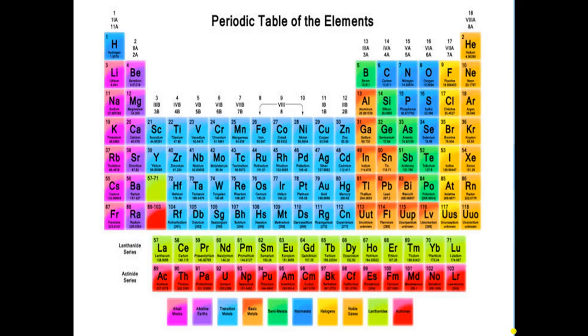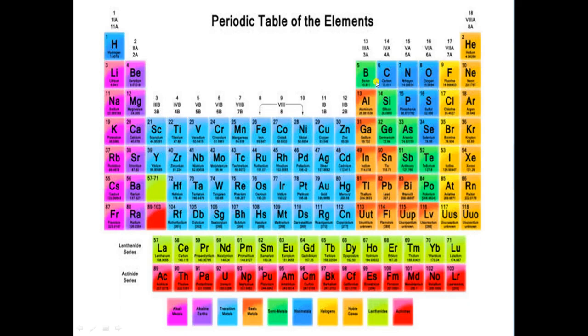Now the question is how you will come to know which element is more electronegative and which element is less electronegative. If you have to compare electronegativity of these elements, just keep this in your mind: when we go left to right in a period, electronegativity increases. Electronegativity depends on size. As size decreases, electronegativity will increase.